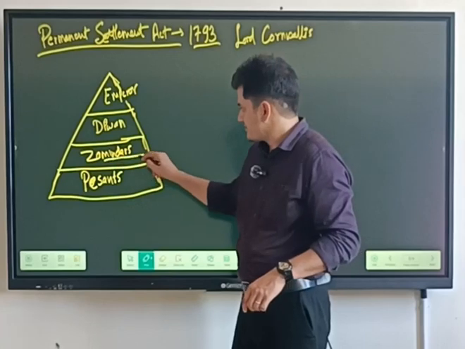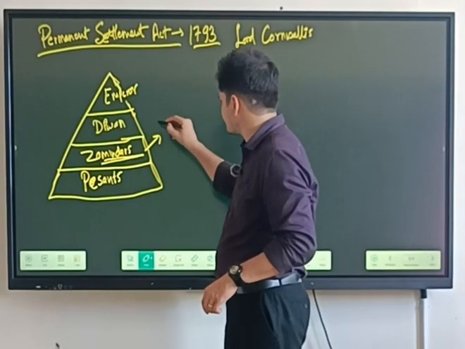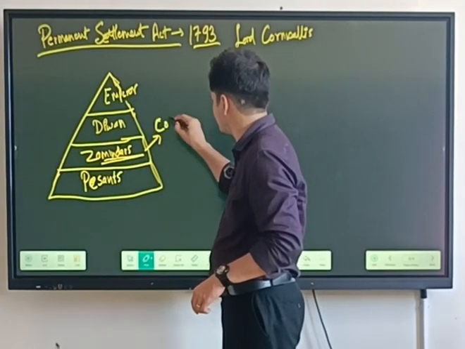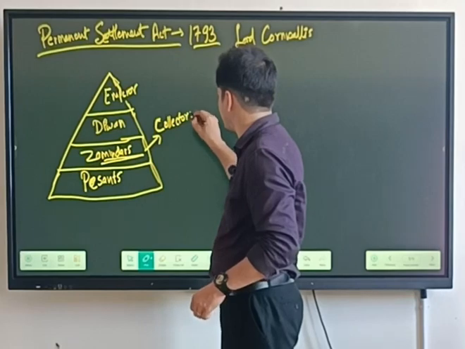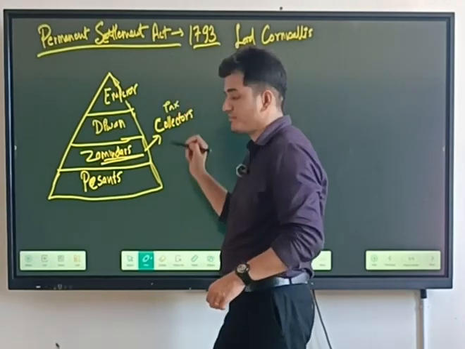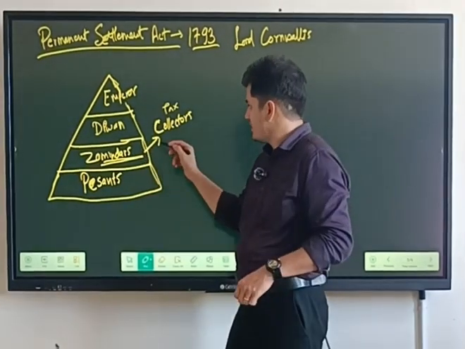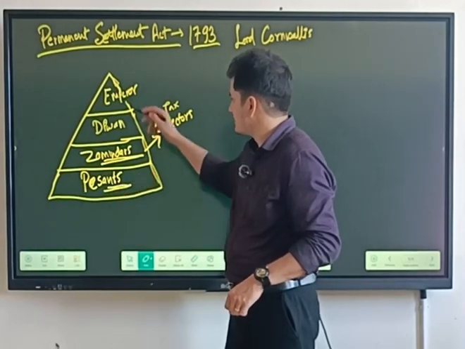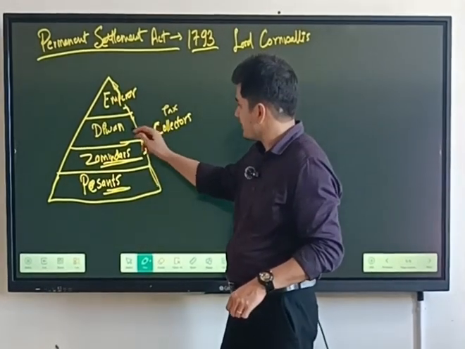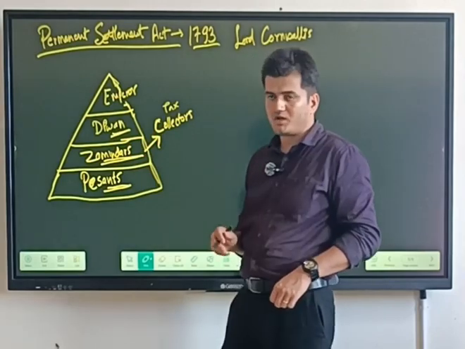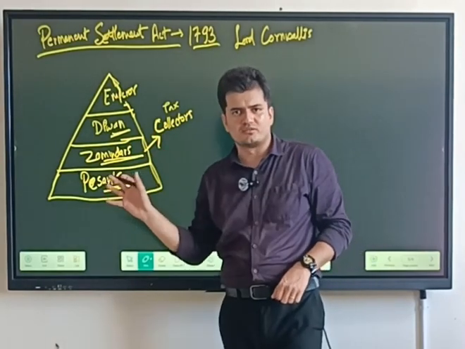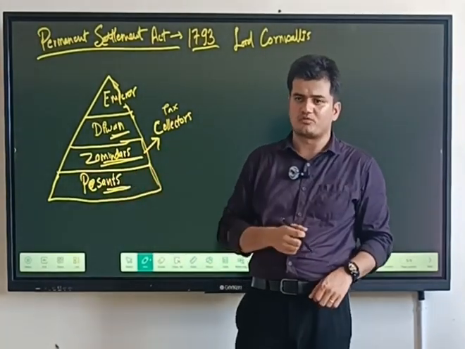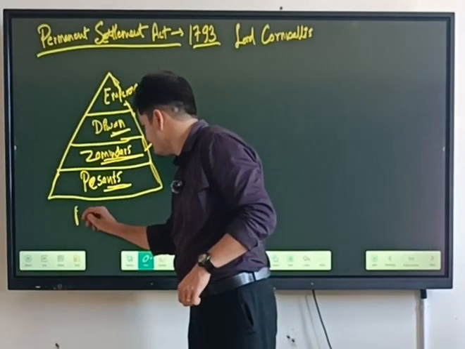So Zamindars were the tax collectors. Zamindars were the tax collectors who used to collect taxes from peasants in the name of emperor and were supervised by the Diwan. So this is how the revenue system was working during the times of Mughals.